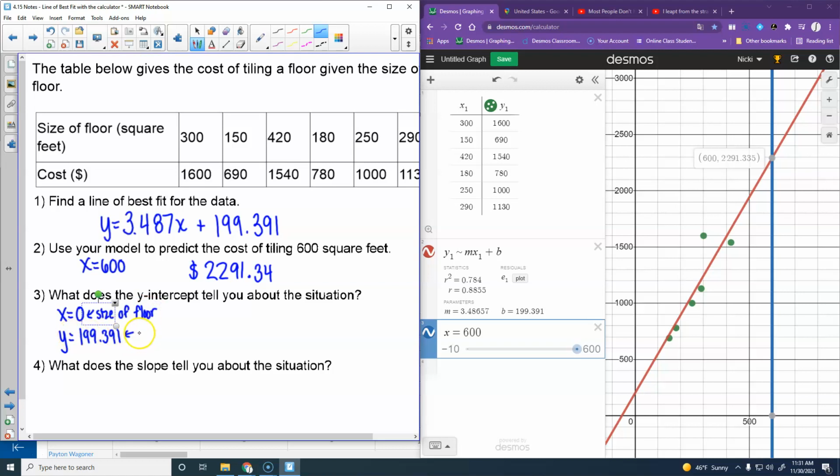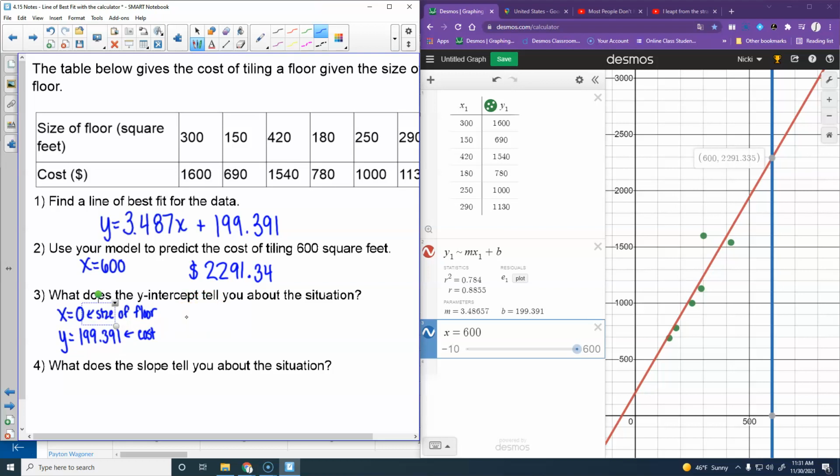And y is cost in dollars. So y-intercept tells us when x equals 0, y equals this. So when the size of the floor is 0, it costs $199.39, right? You could say to tile a 0 square foot floor, it costs $199.39.